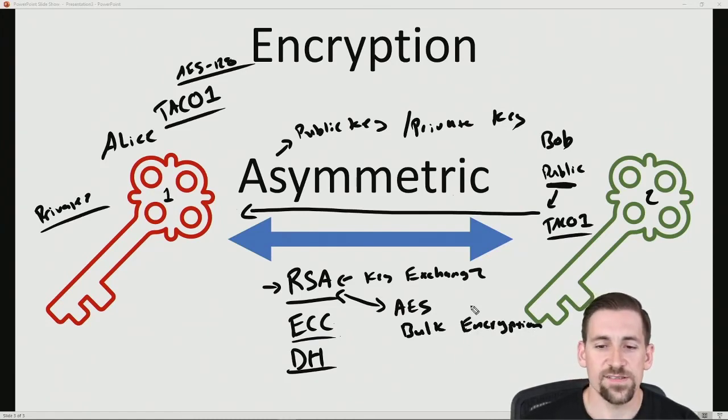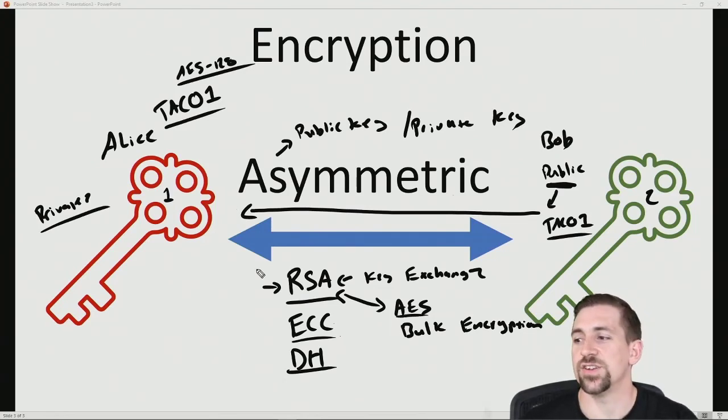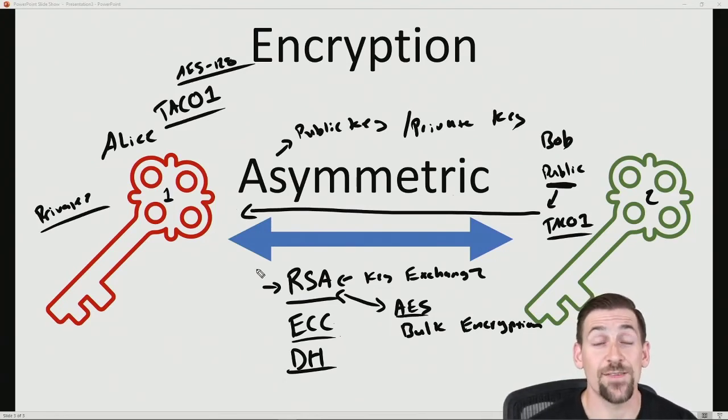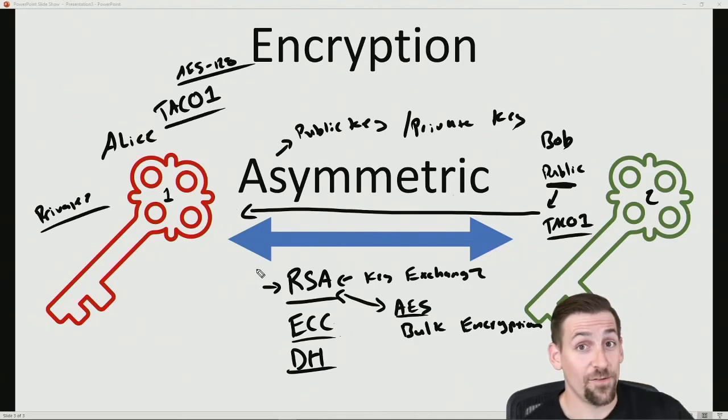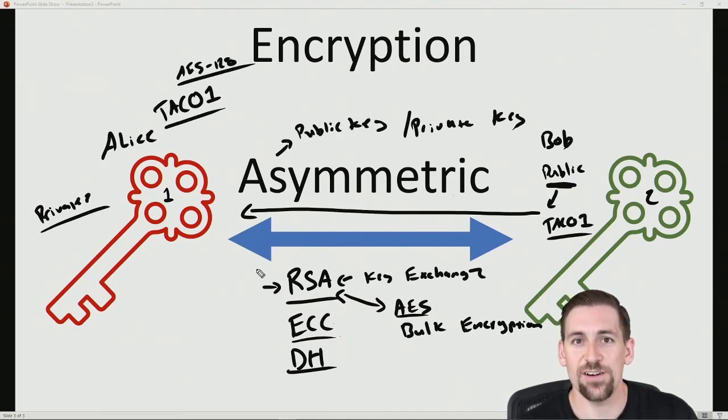Why would I use AES for bulk encryption and not just RSA? That's what you're asking me, right? You're going, Travis, why wouldn't I use RSA for all of my encryption if it's going to work so well? Because asymmetric algorithms are computationally less efficient. And if we're exchanging a lot of information, like let's say on the internet, then I probably want to use a more efficient encryption algorithm to exchange the bulk of my information. That's why we call this a bulk encryption algorithm.